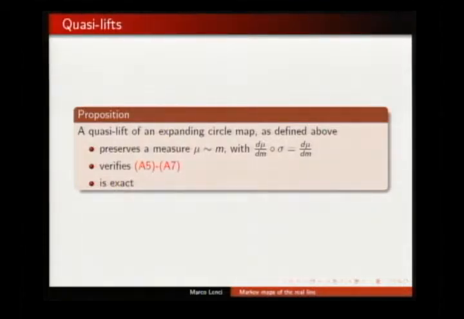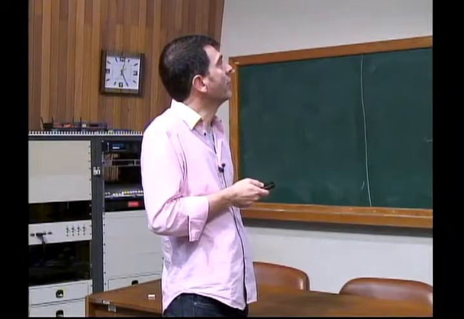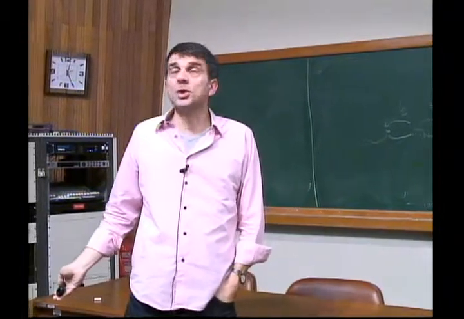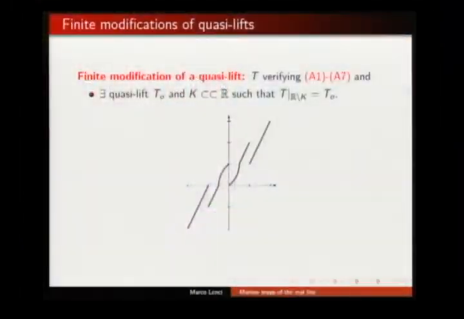In fact, this map is an extension, or if you wish, it factors down to a uniformly expanding Markov map of the circle, and then all the properties basically get lifted up to this map. If you wish, this is the natural extension. It's the universal extension of a map which is uniformly expanding on a circle.